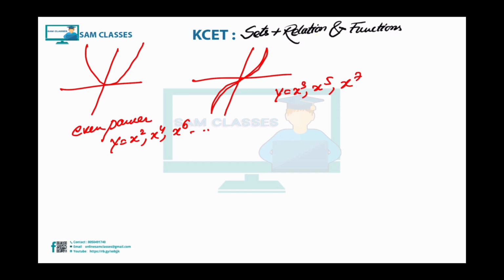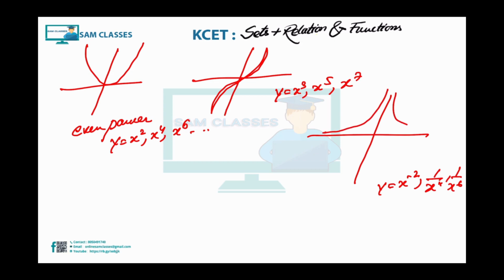Now what about inverses? Let's say we have y equals x power minus 2, meaning 1 by x square, the reciprocal of even powers: 1 by x square, 1 by x power 4, 1 by x power 6. In this case the graph will be like this. It is very simple, you can put in values and plot it. Now what about odd powers?